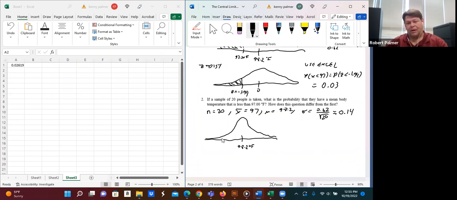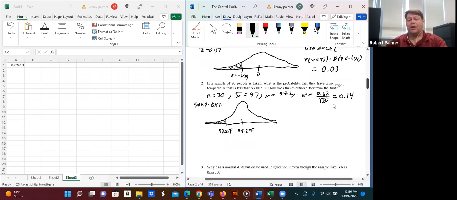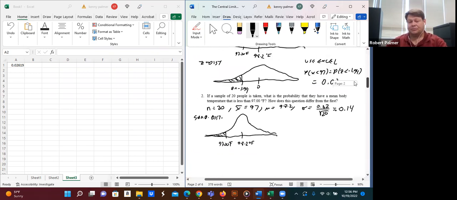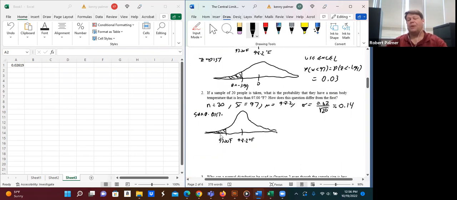It turns out it's all the same positions, but a much, much smaller proportion. So this here is 97.00 degrees Fahrenheit. Once again, this is a sampling distribution, and we want to find that area in the same way. As we'll see, this is going to be a much smaller probability.